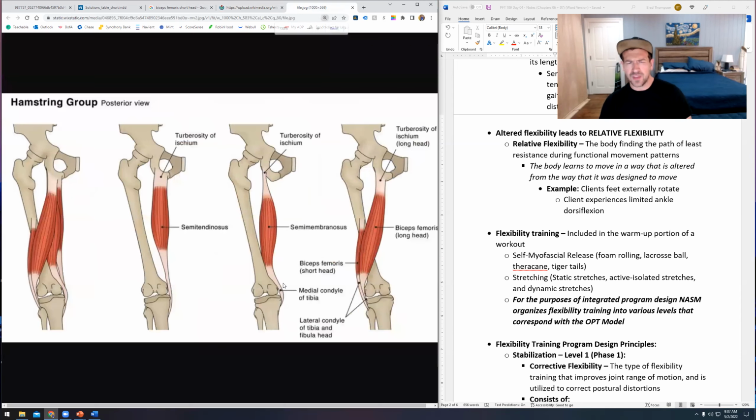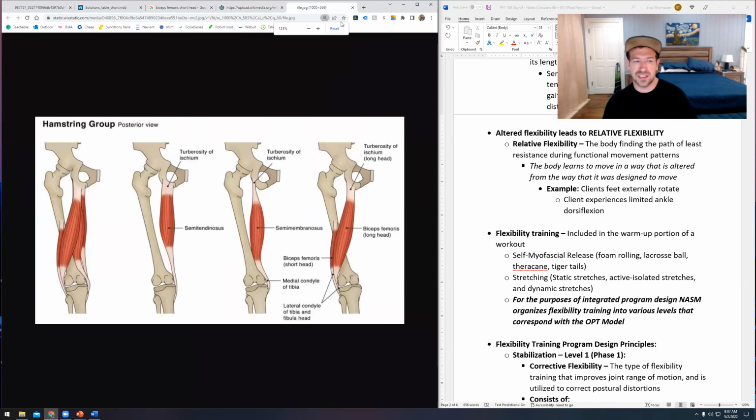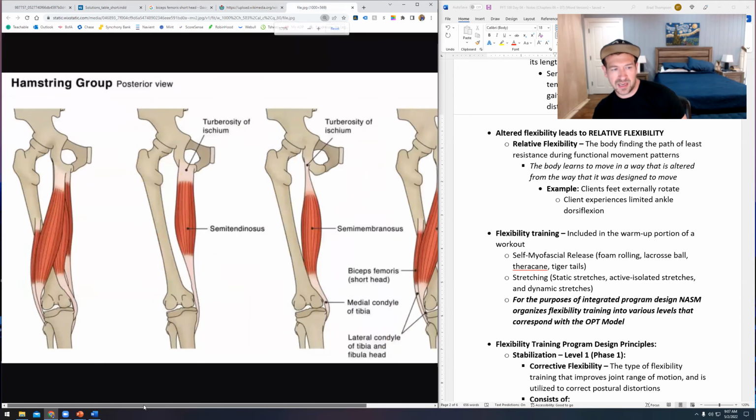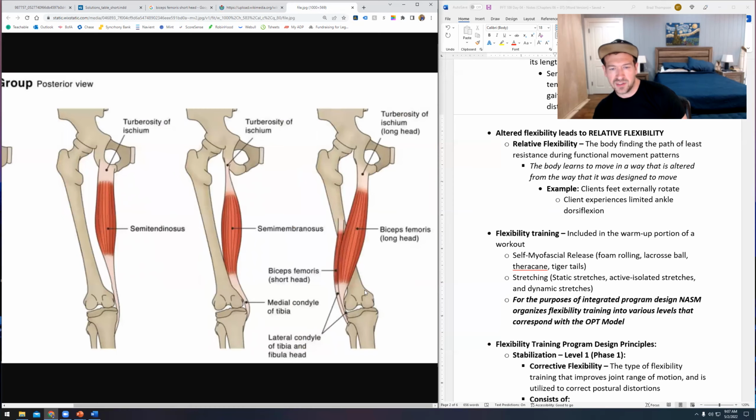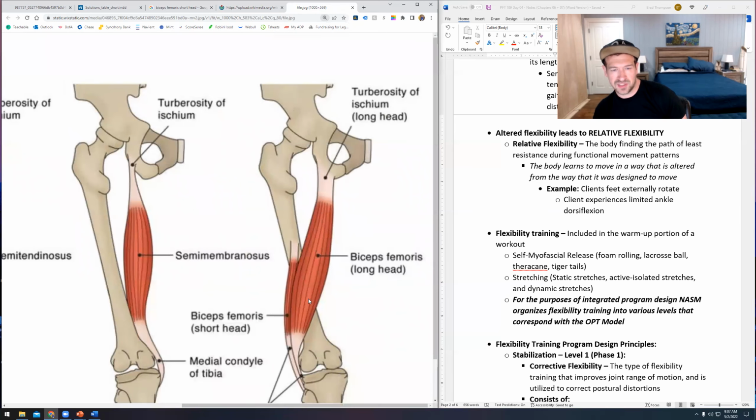Then we've got our biceps femoris short head here, right? Now, this is kind of weird, but they're showing the same picture twice here. The one we're paying attention to is right here. This is all the muscles together. There's the medial hamstring, and here's our biceps femoris. So let's scroll over to the side here.